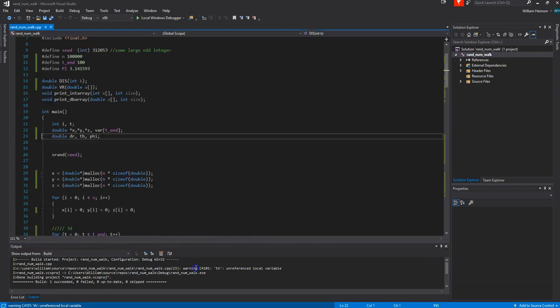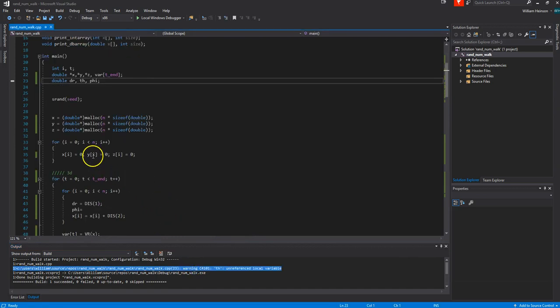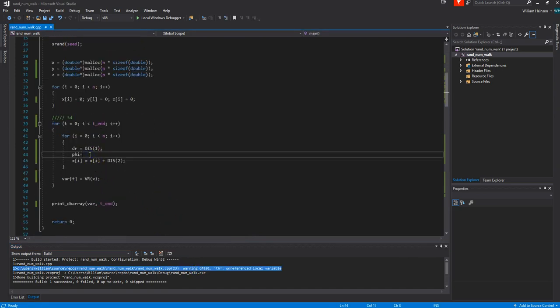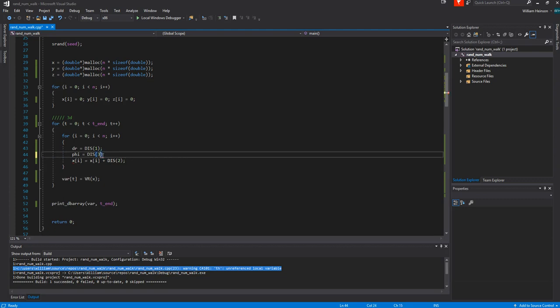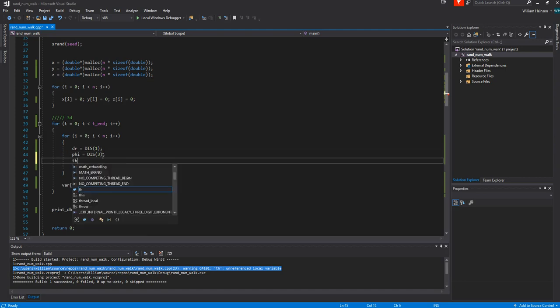Okay, and it's complaining about theta being an unreferenced variable, but that's fine. We haven't defined it yet. I'm surprised it didn't fail because I didn't do anything here. So phi is case 3, and then theta equals this case 4.